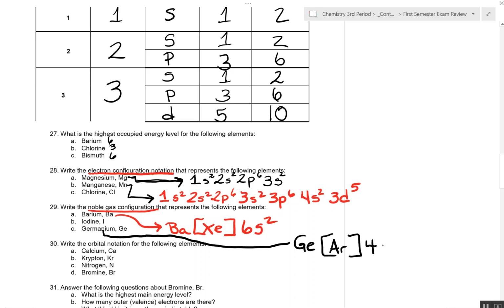Is it filled up, the S? Yes. And to get to germanium, we have to go through the 3D. Do we go totally through the 3D? So that adds 10, which brings us back to the 4P, and what, I don't know why this isn't working. P2, good job, second position.